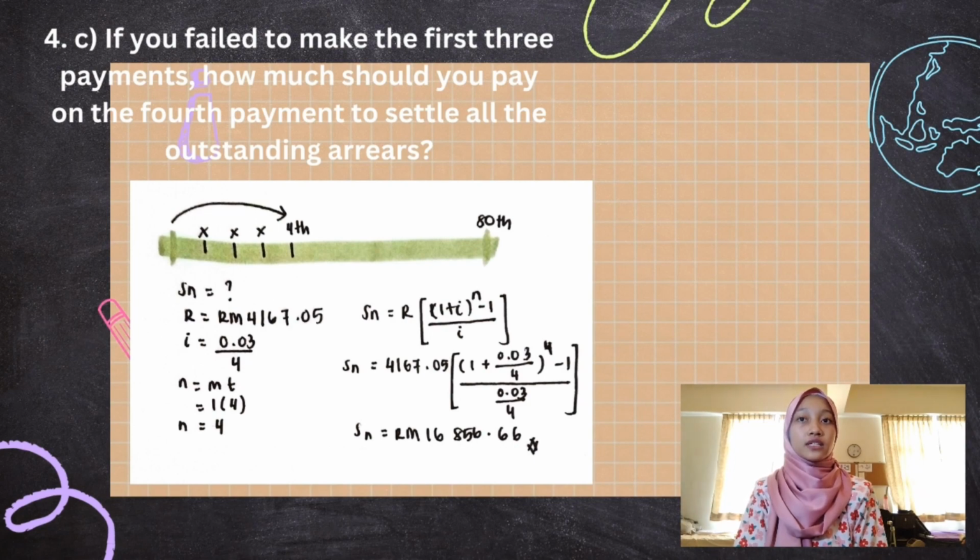Using the formula S_N equals R multiplied by ((1 plus I) to the power of N minus 1) divided by I, 4,167.05 multiplied by (1 plus 0.03 over 4) to the power of 4 minus 1, divided by 0.03 over 4. Then you will get the answer RM16,856.66.